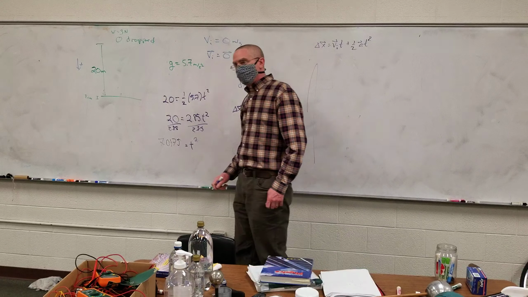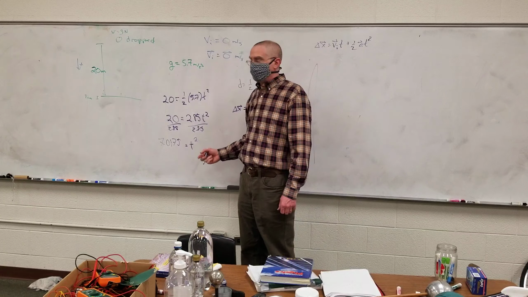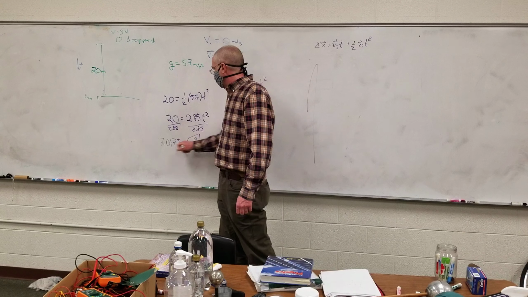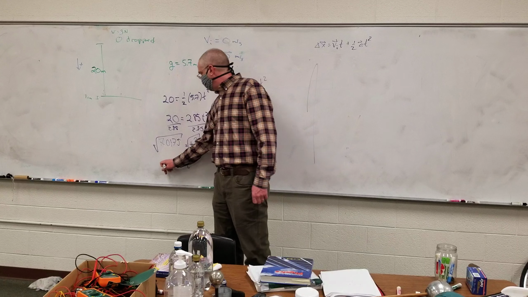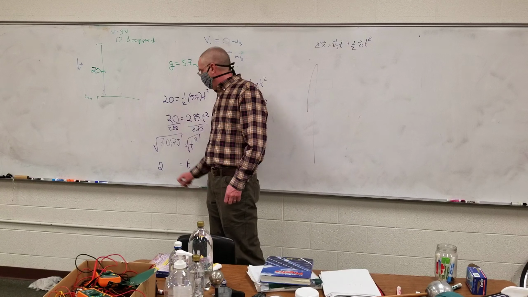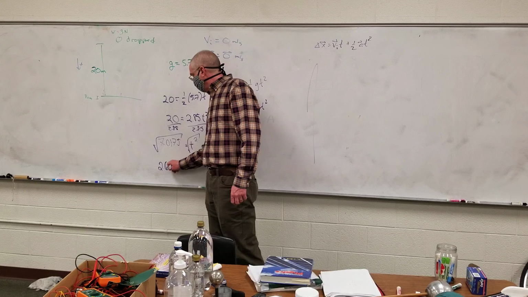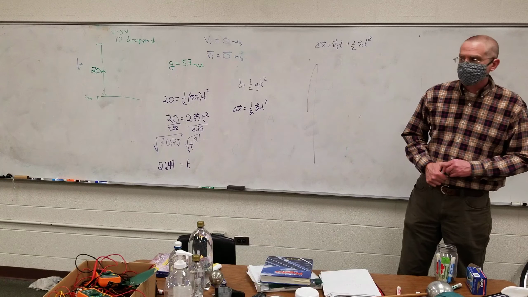That's time squared, so we have to get rid of the squared here, and you undo a square with a square root. So we take the square root of both sides. And that will end up being 2 point something, 2.649. And at this point, since the question actually asked for time, don't forget the units.